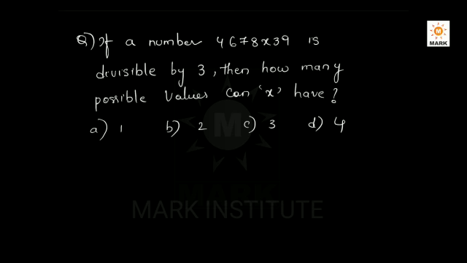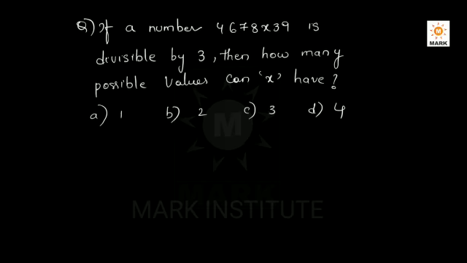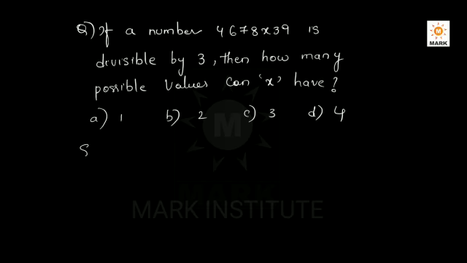Friends, I am going to solve this question by the cancellation technique. We know the digit sum of the given number should be 3 or multiples of 3 if the entire number should be divisible by 3. But we also have a very good alternate technique called the cancellation technique. That is a faster method. So now I am going to use that method to solve this question.